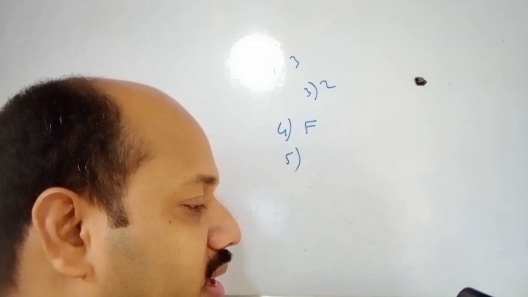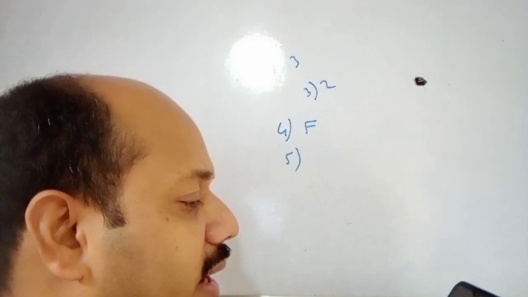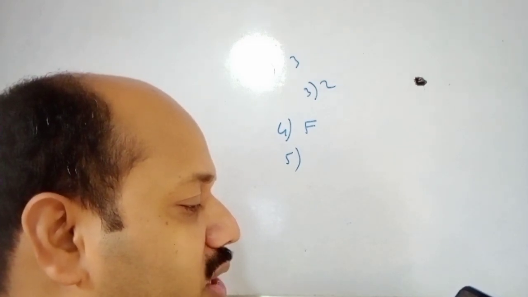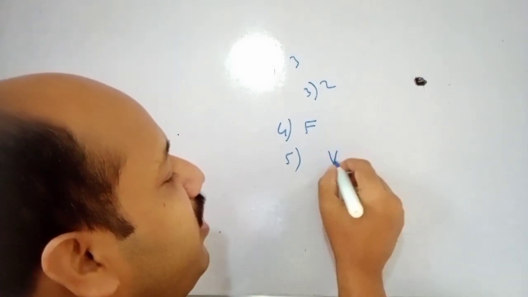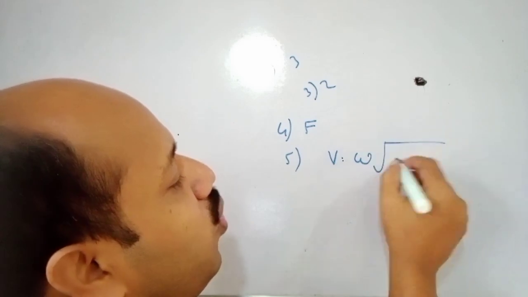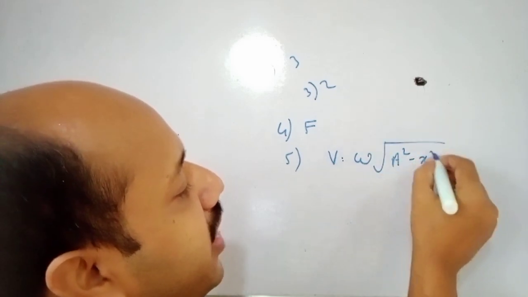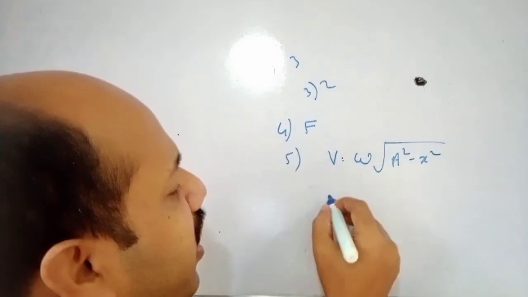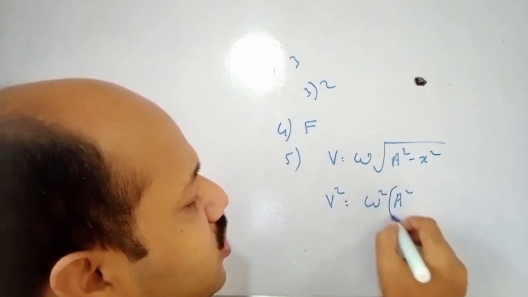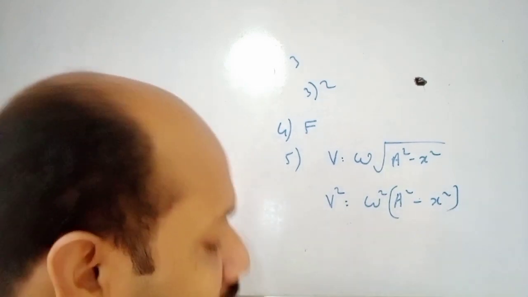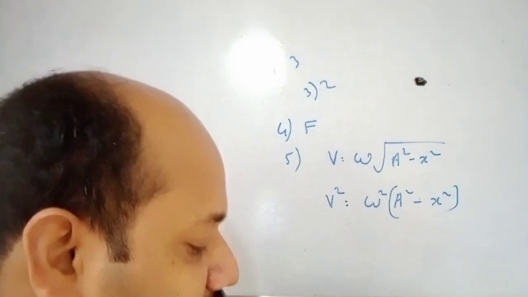Fifth question. Which one of the following represents simple harmonic motion? We consider the X-V relation. We know that in SHM, V is equal to omega into root of A square minus X square, right? On squaring this, we get V square is equal to omega square into A square minus X square. Look at the first choice.